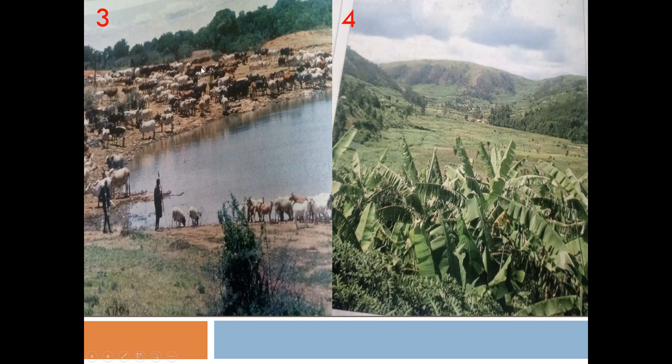So which human activity is being carried out in this area where there is grass, where there is water? This is livestock rearing, animal rearing. You see the herdsmen taking care of the animals, and these animals are of different categories.